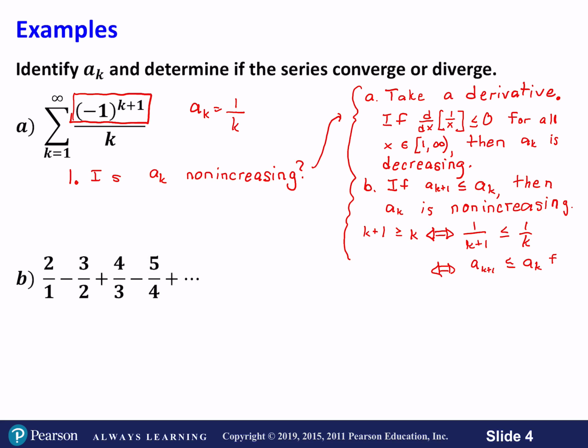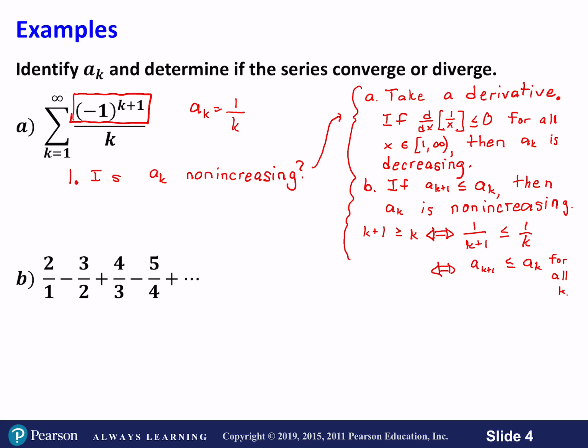And this is true for all k. So technically, we don't need to show that it's true for all k. We only need to show that it's true for all k past some capital N. But in this case, it's true for all k that are positive.